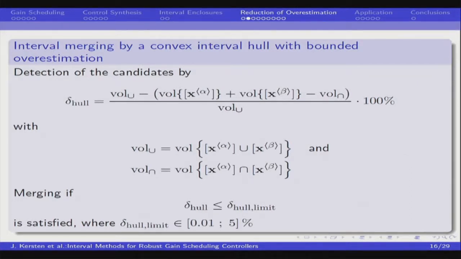Earlier researchers set the point that approximately the delta hull limit is to be set in this interval.